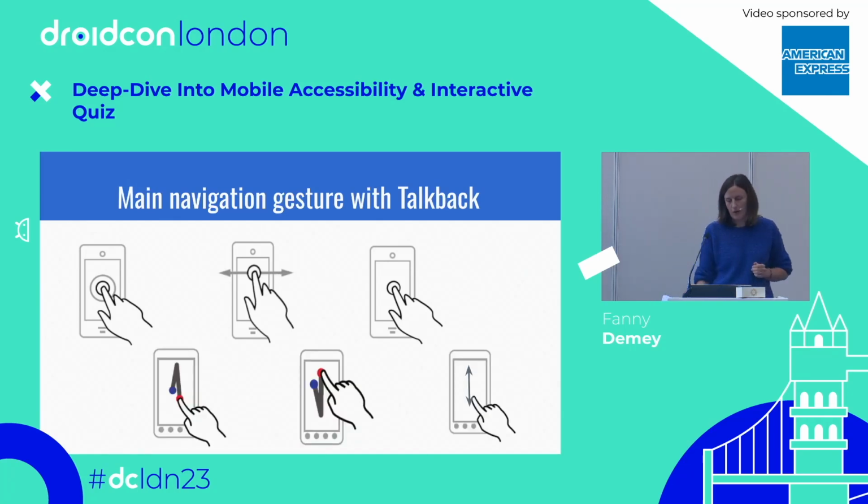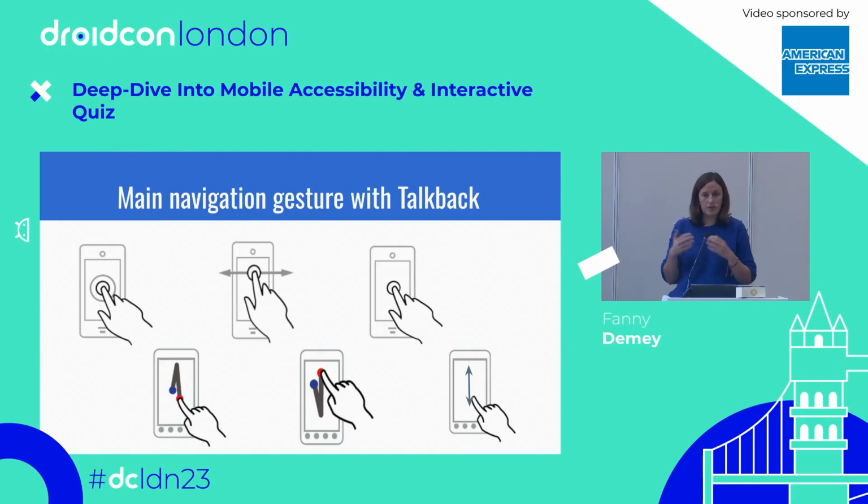And then there is one last gesture, swipe up, swipe down, which is usually a gesture that you can configure. To configure the behavior behind this gesture, you perform a V this way or this way. And it will change the action of this gesture.